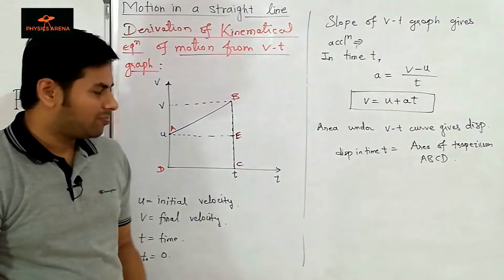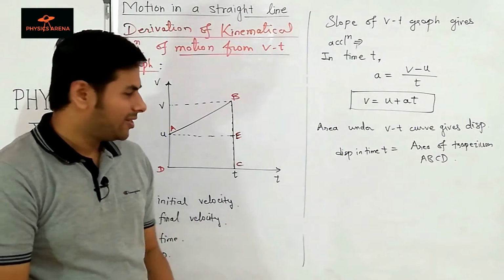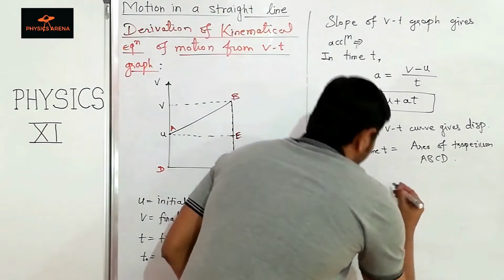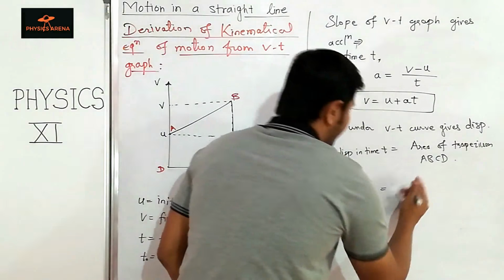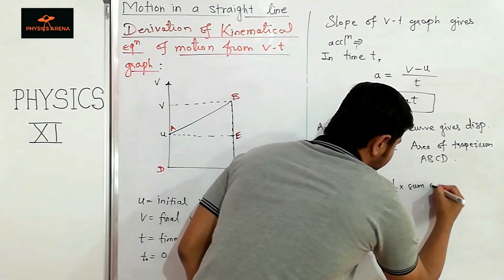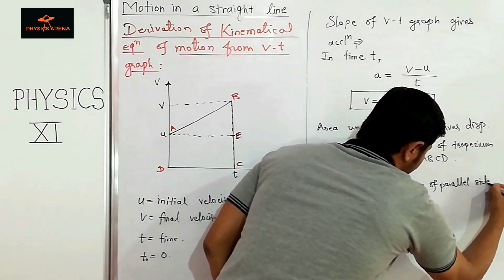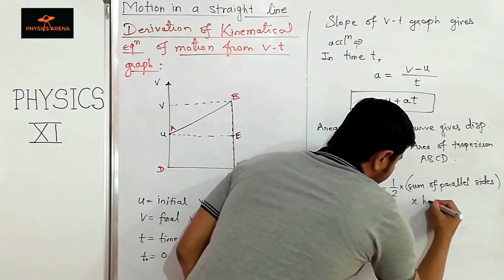But because I know the formula, I am going to use it, and it is simpler this way. So the area of a trapezium is half of the sum of parallel sides multiplied by height.